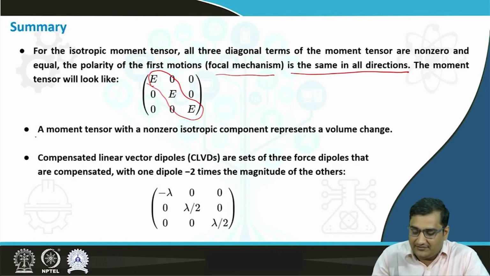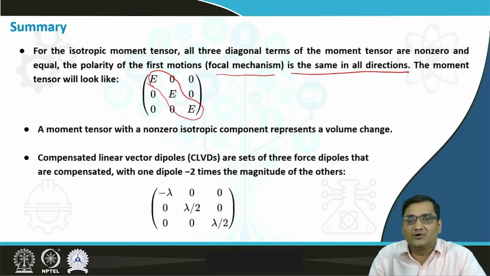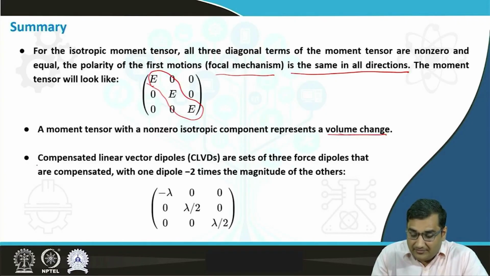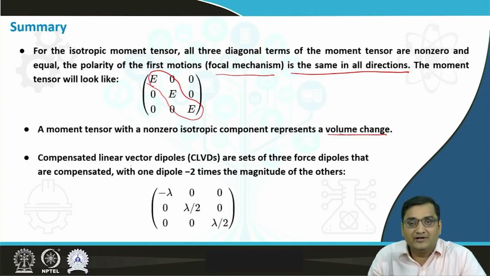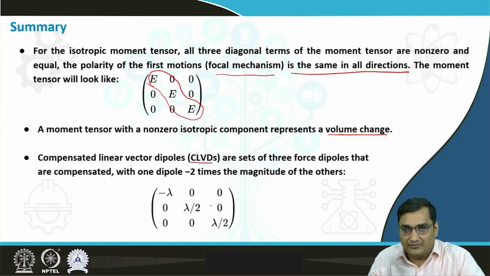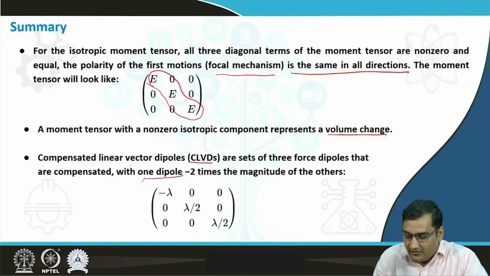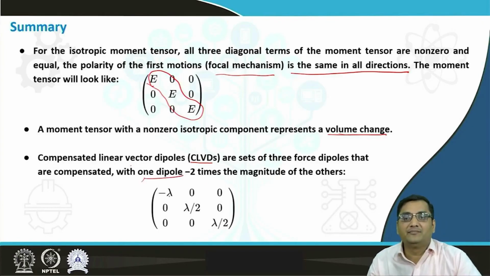A moment tensor with a non-zero isotropic component involves a volume change. The compensated linear vector dipoles, in short known as CLVDs, have three sets of force dipoles that are compensated. That means one dipole is negative 2 times the magnitude of the others.